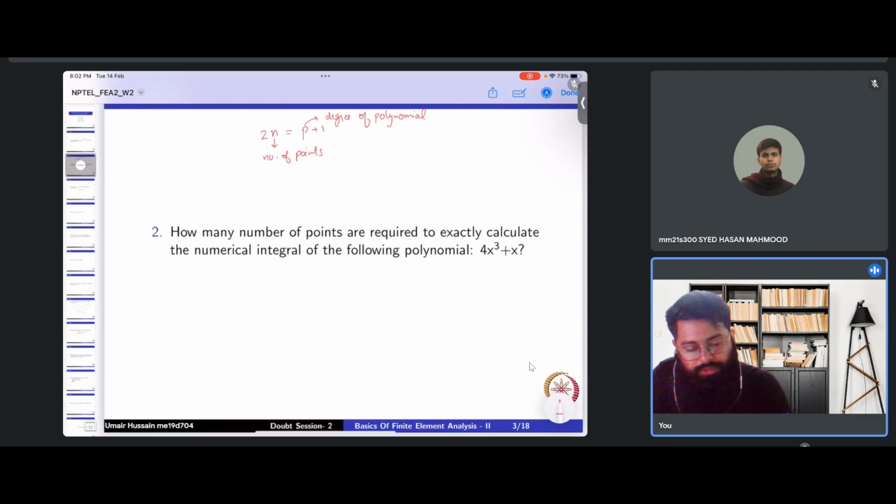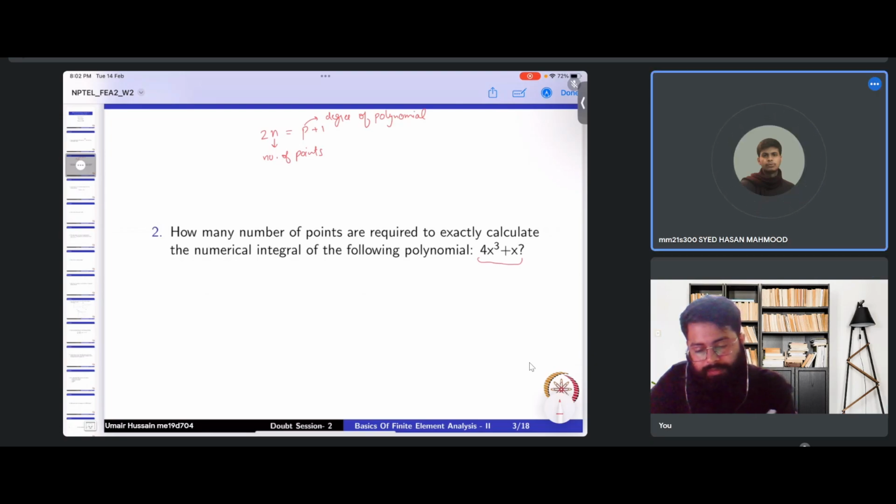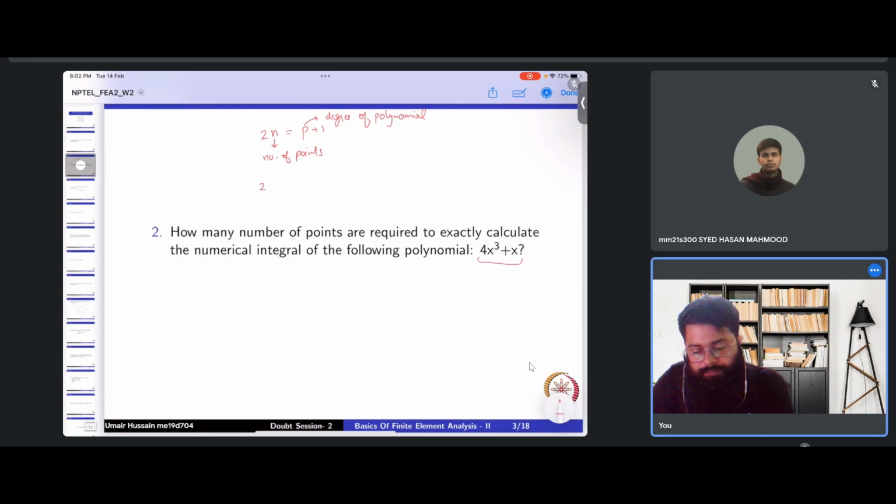So here, what is the degree of the polynomial for this integrand? 3. Yeah. So the number of points is 2.